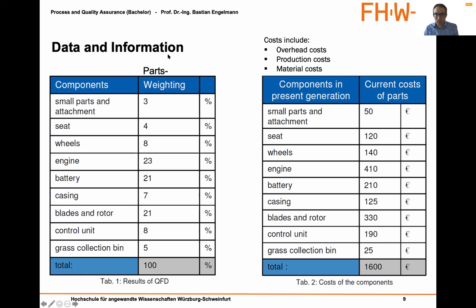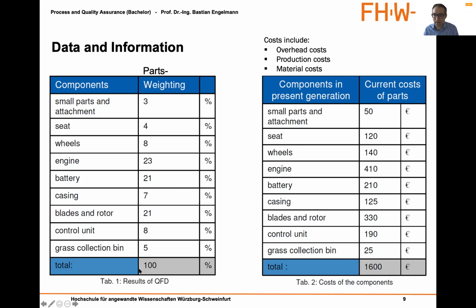On the left, we just have importance. On the right, we have information for the cost for all parts. In total, we have 1,600. All costs include overhead, production costs, etc. So the right answer is just looking into the table and taking 1,600.